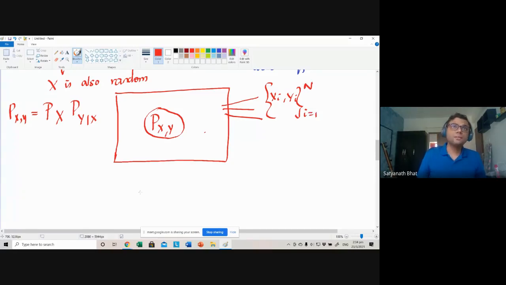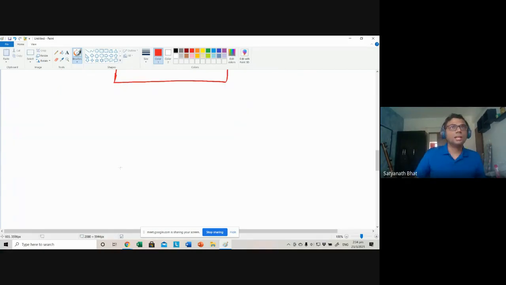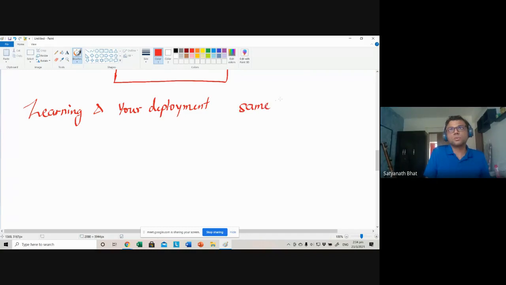And when you deploy it, your test samples, when you are actually using it in practice, again you should get from the same distribution. So both learning and deployment have to come from the same fixed distribution. Otherwise, it will not work.